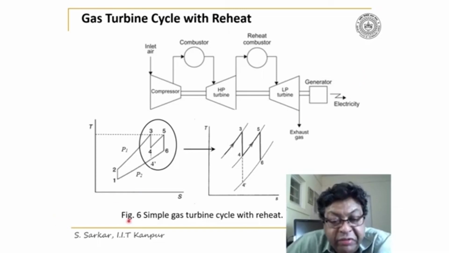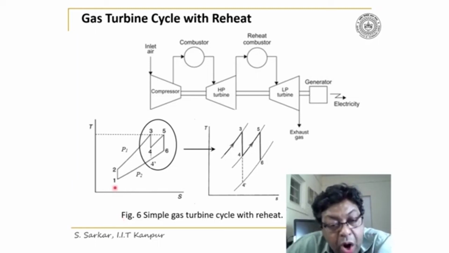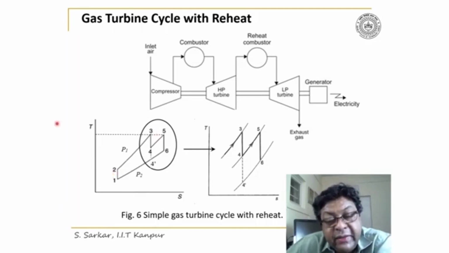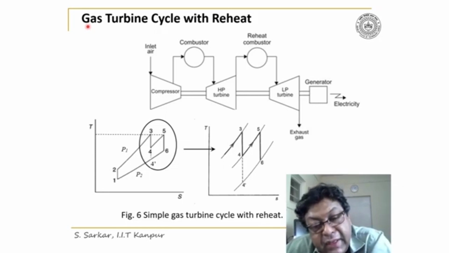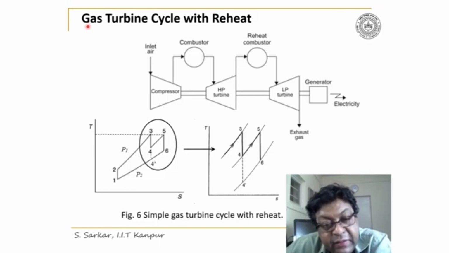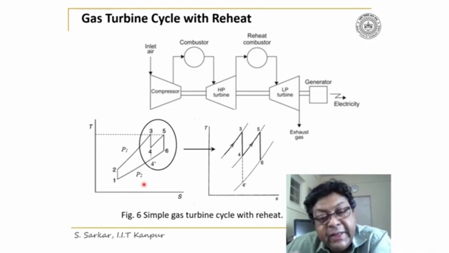So look, figure 6 illustrates a reheat cycle. 1, 2 is the compression process, and then 2, 3 is the heat addition in the combustion chamber. 3, 4 is the expansion in HPT, high pressure turbine. 4, 5 again is the adding of heat in the reheat combustor.